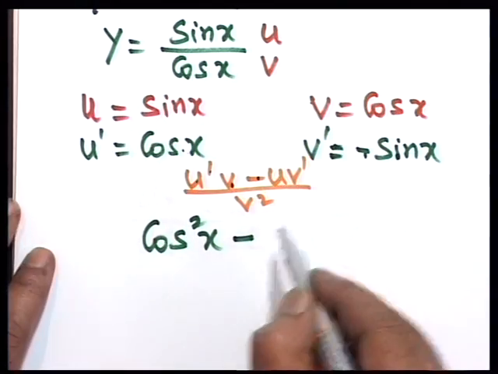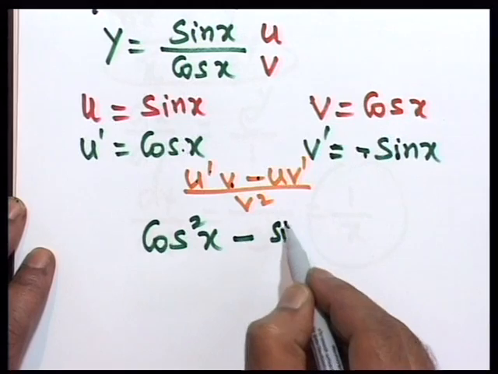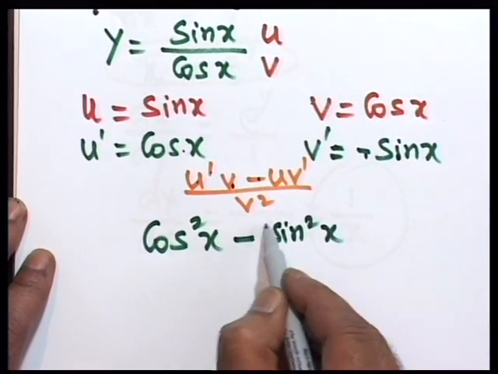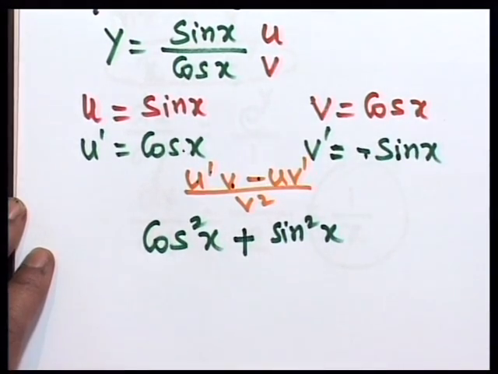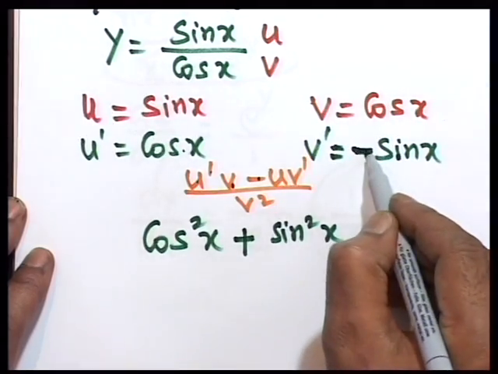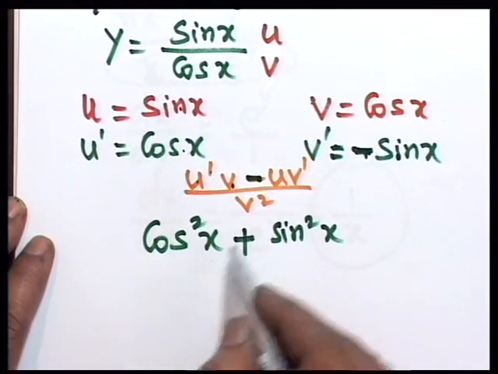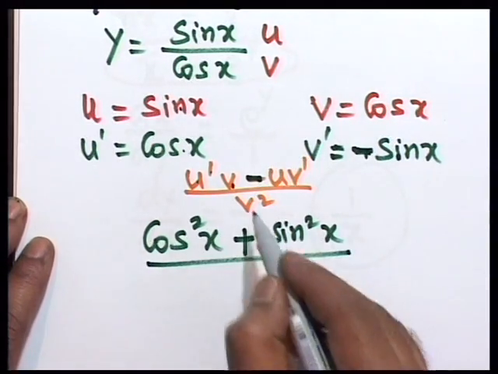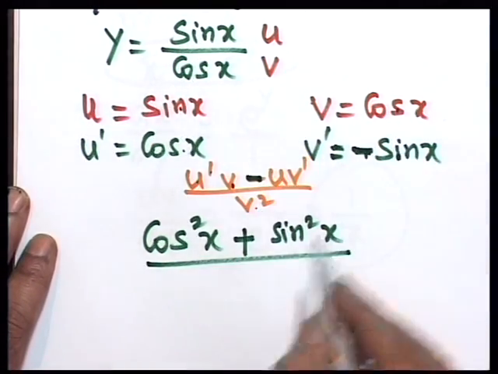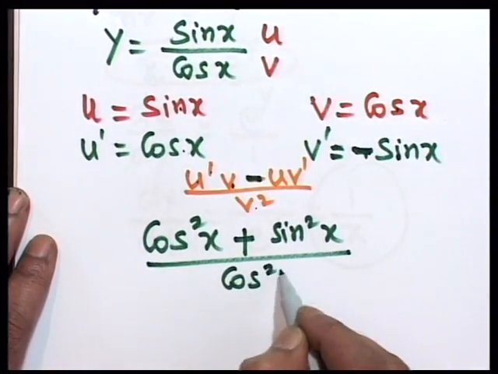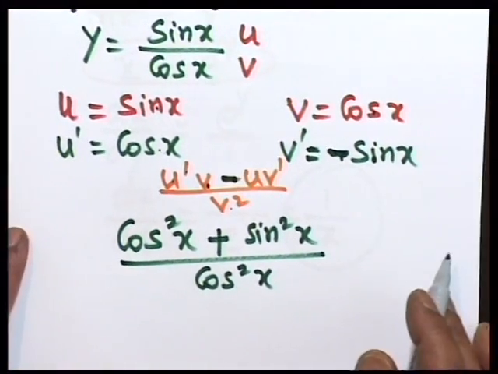So that's actually minus sine squared x, but there is a minus, so that becomes a plus. That minus is in the rule, this minus is in v dash, so we multiply, done. Divide by v squared, which is cos squared x. When you get that, do you agree?